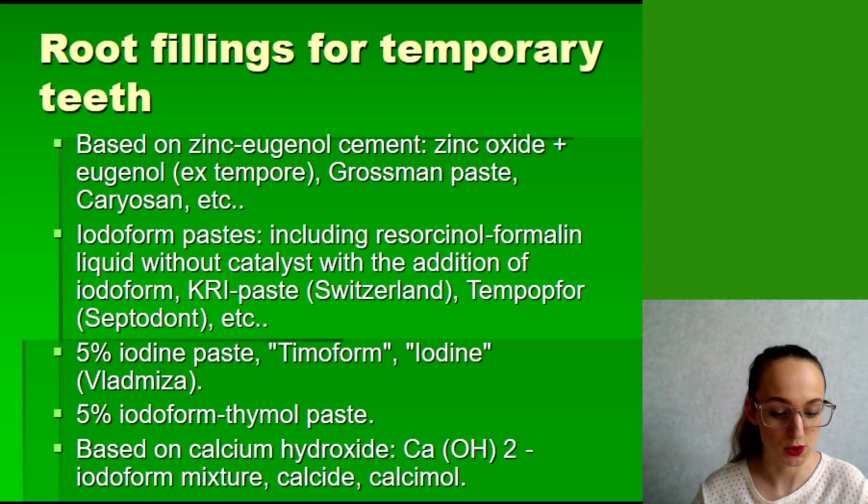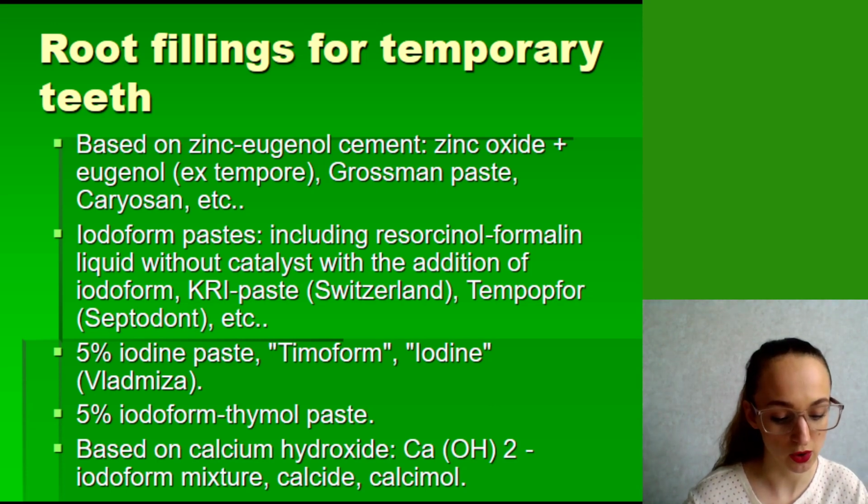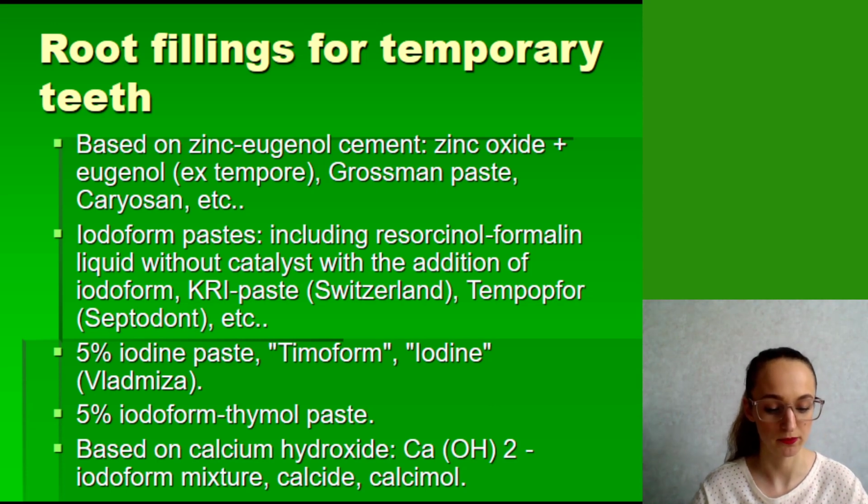Then different materials are used. Zinc oxide eugenol is used without a catalyst. Lack of catalyst is used to allow adequate working time. Iodoform paste is also being used. It consists of zinc oxide and iodoform mixed into a paste.